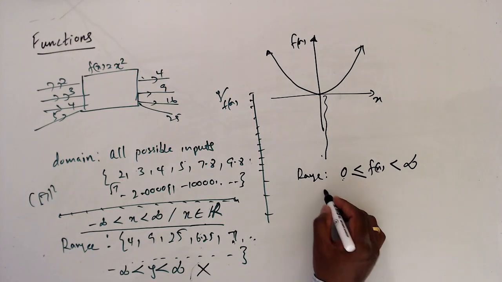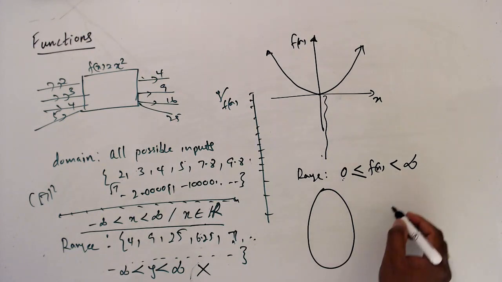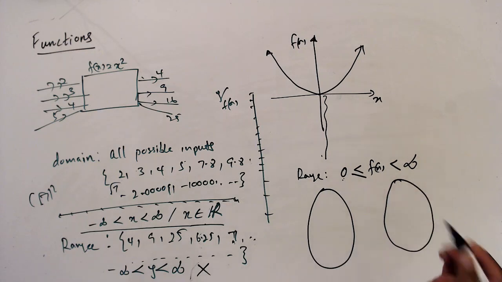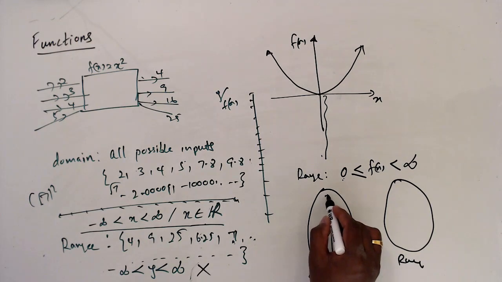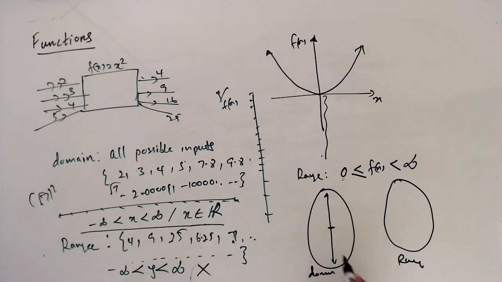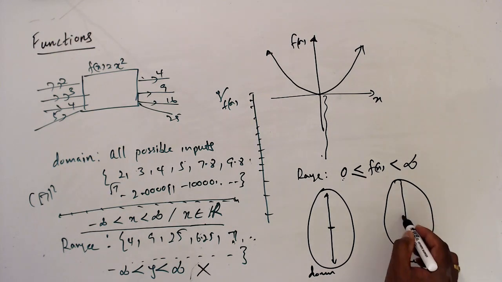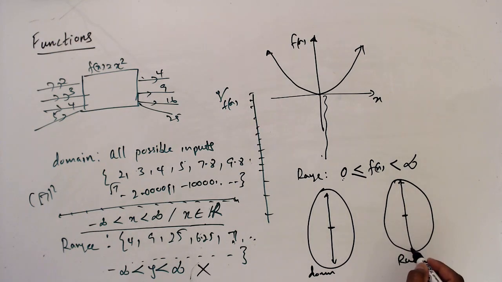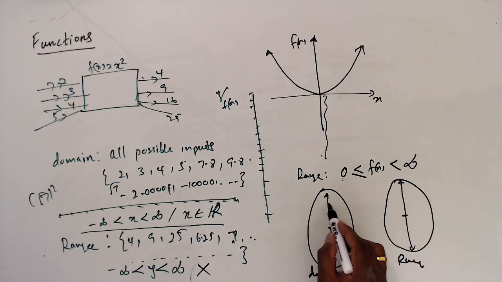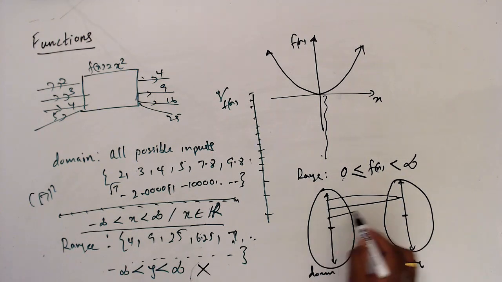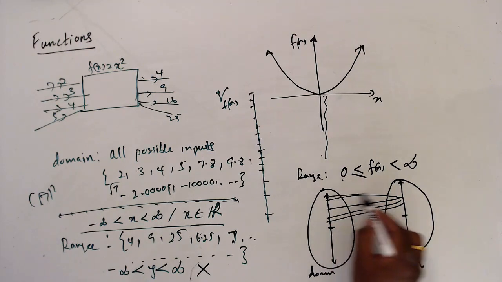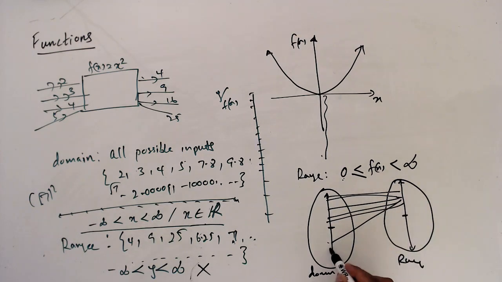As a picture, when we do mapping, this is the domain and this is the range. This is the whole x-axis I draw vertically, and this is the y-axis, as usual in vertical mode. When you put any number from here, it goes to here. Positive, yes, always positive. If you put negative, it still goes to positive.